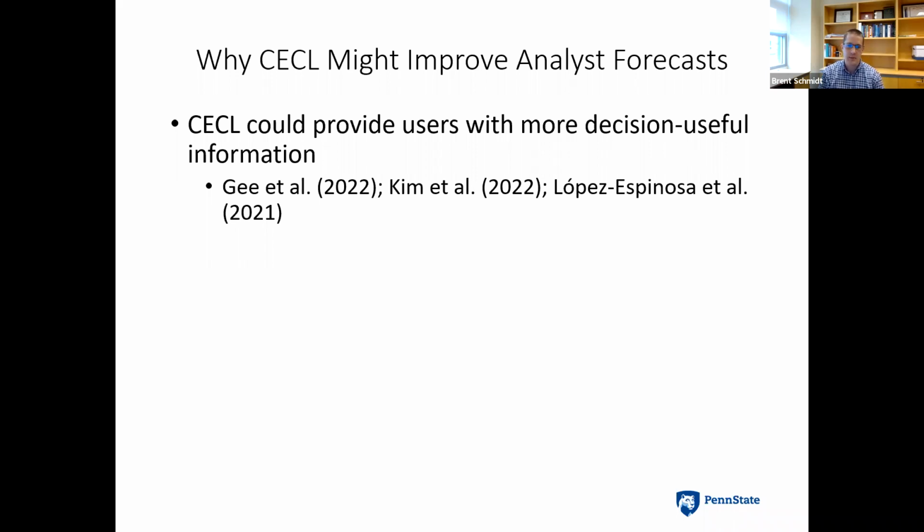We've spent a lot of time trying to convince the reader that our results are actually driven by CECL and not other things. And by other things, mostly I mean the pandemic, right? The onset of the COVID pandemic coincided with the implementation of CECL. And I think that's a big challenge with this setting. But as a consequence or trade-off of that, we haven't explored some of these other possibilities.